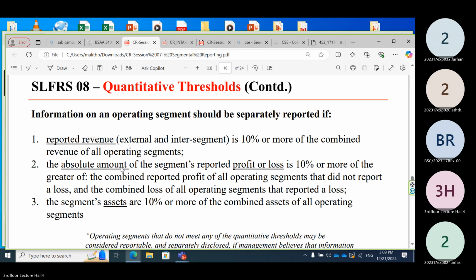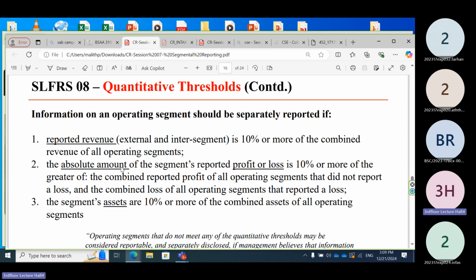If you have a loss of minus 1 million and total profit of positive 1 million, 1 divided by 4 is 25% loss. You put minus for the loss, minus 25, and compare with 10%. Don't take this negative value. Get the absolute value.